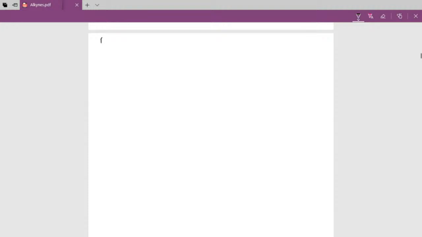First, reaction with dilute H2SO4 and HgSO4. It is known as Kucherov's reaction.